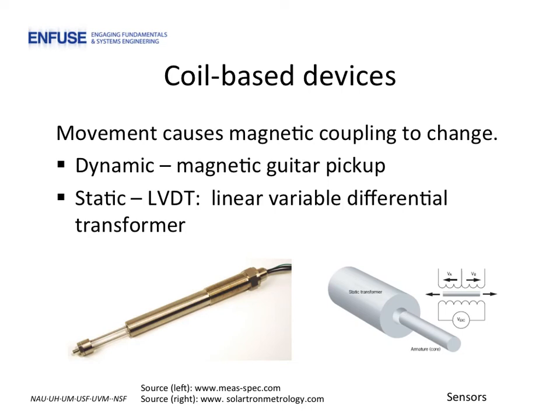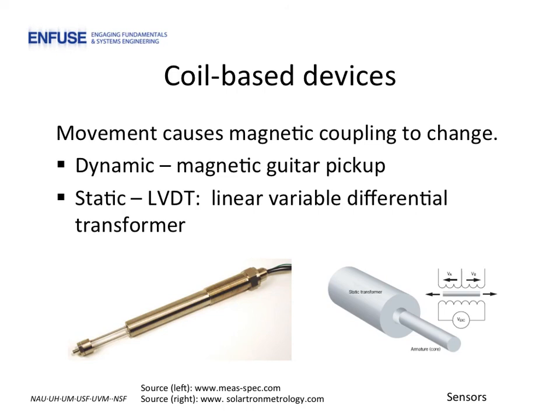Coil-based sensing operates under a principle where the parameter of interest changes the coil coupling. For example, in an electric guitar, the moving metallic guitar string influences the coil in the pickup. In an LVDT, a moving magnetic core changes the coupling between a primary and two secondary coils, therefore effectively changing the turns ratio.